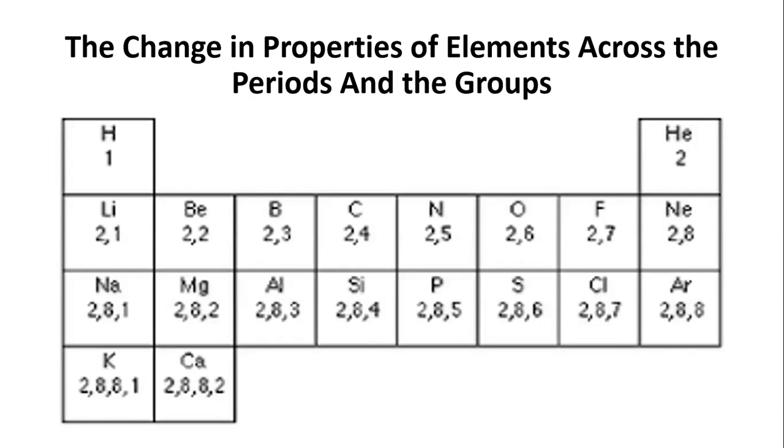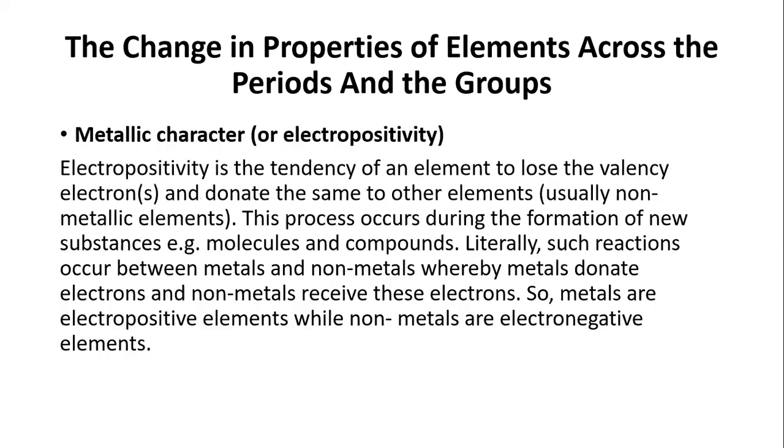It means that the lithium will have low electropositivity compared to the neon. Or maybe you are comparing sodium with neon, or sodium with fluorine or chlorine. They will have different electropositivity. So I hope it's clear.